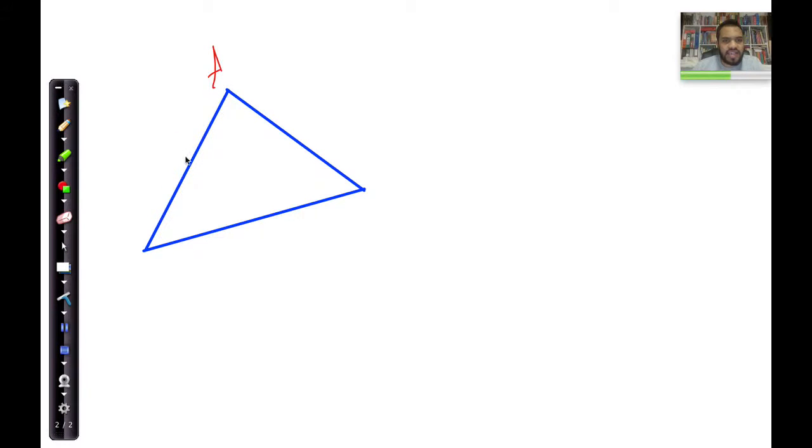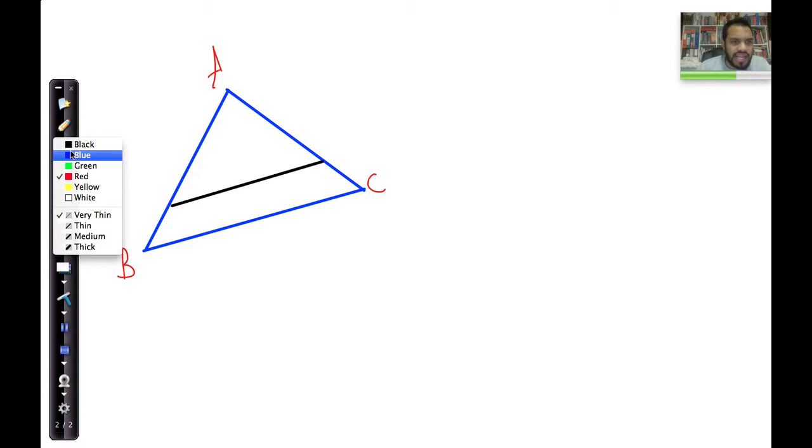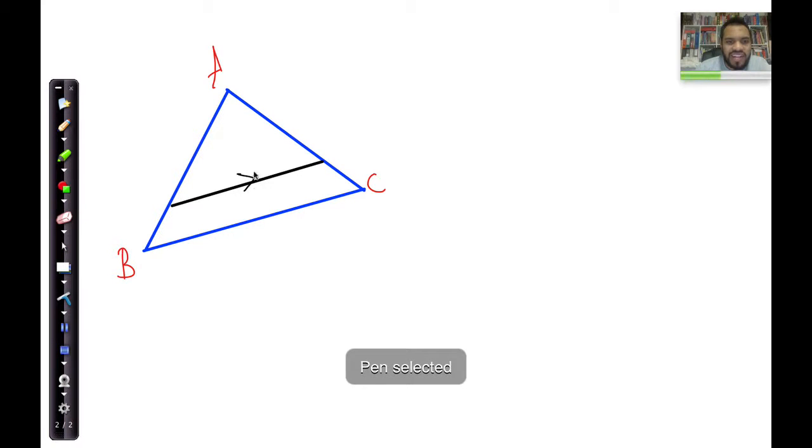I'm going to say that's A, that over there is B, and that over there is C. Then I'm going to divide it using a black line. The gradients don't look exactly the same, but I'm going to draw a line over there and claim that I'm drawing a parallel line. Now I'm going to label the vertices there as well. I'm going to make that D, and that E.